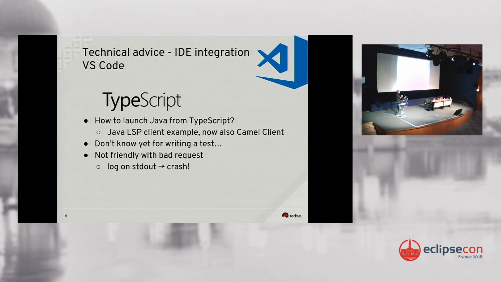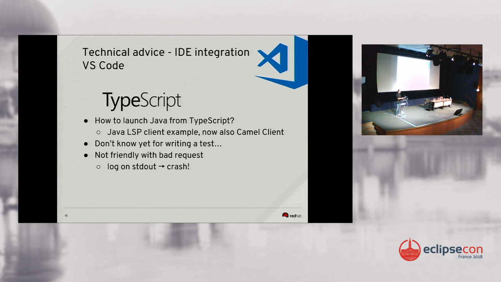When I was in Eclipse, okay, I'm in a Java environment, I can launch my language server with a Java command, I know that there is Java. But when I'm in VS Code, maybe the user doesn't have Java because he is in a TypeScript environment. So you need to write some code in TypeScript to check that there is Java and to launch it and so on. So when you are a noob in TypeScript, that's not completely trivial.